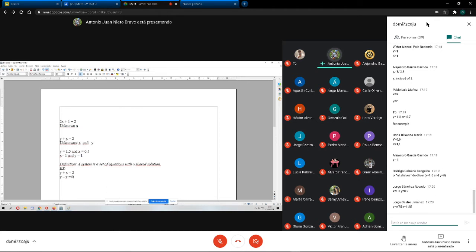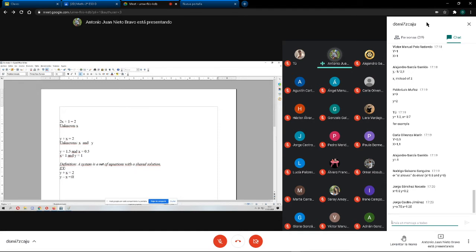For example, we have said a lot of possible solutions for y plus x equals 2. We could say a lot of possible solutions for y minus x equals 0. For example, I'm going to write x and y: 3 and 3, or 5 and 5, or 6 and 6.